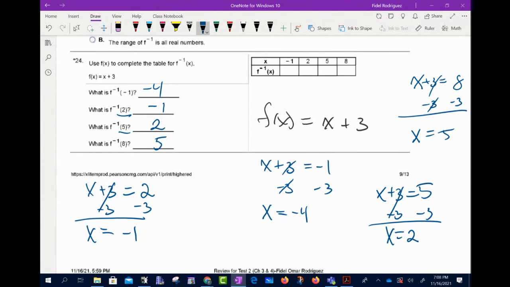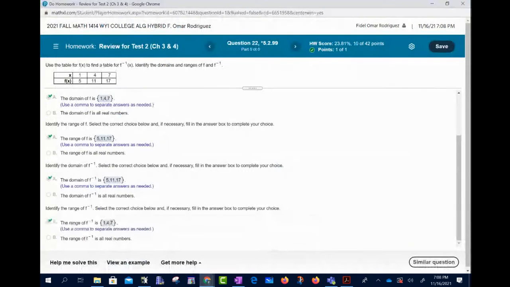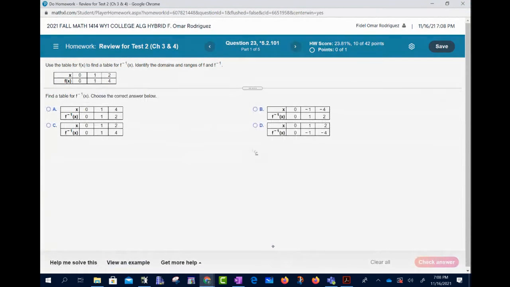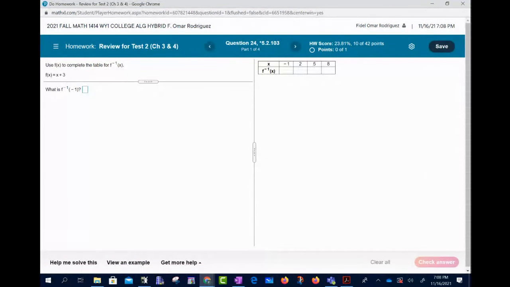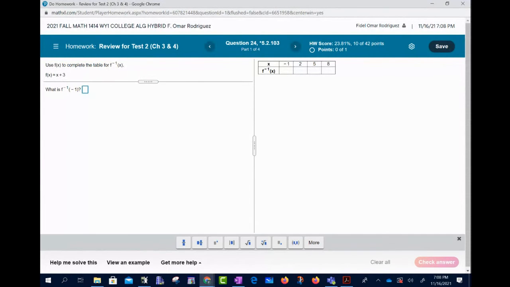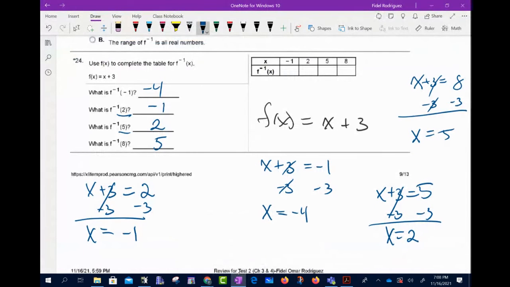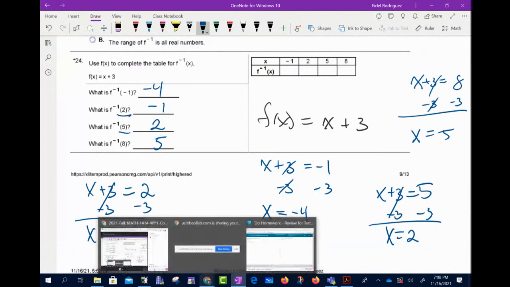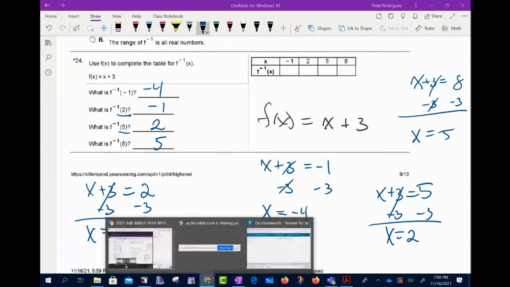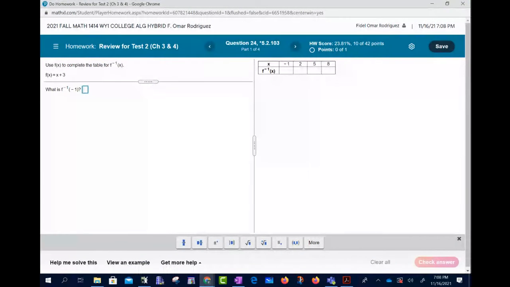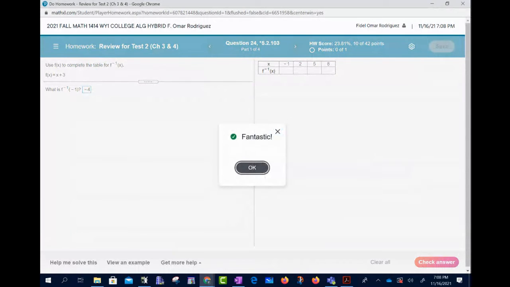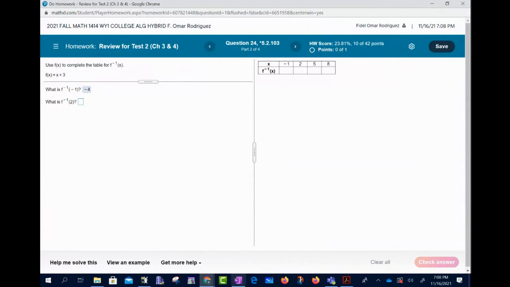So I'm going to come back to 24 in my homework. For the first number, we came up with -4. We're going to check it. Excellent.